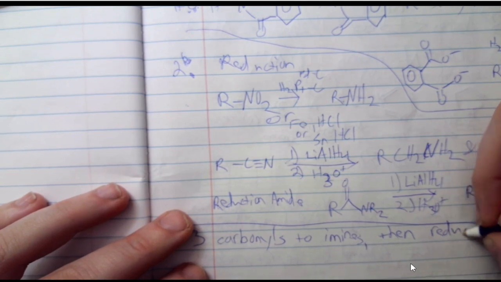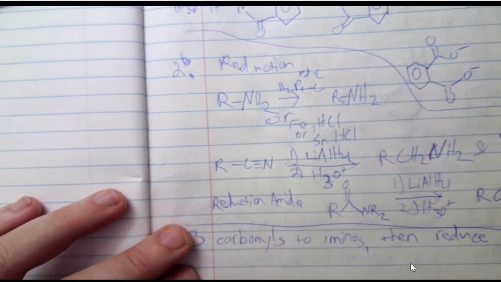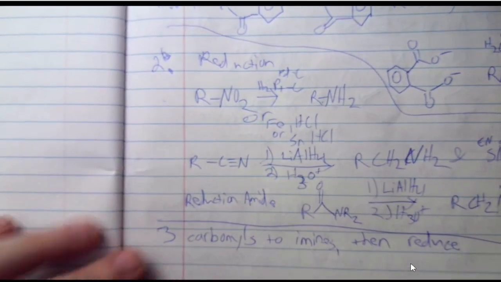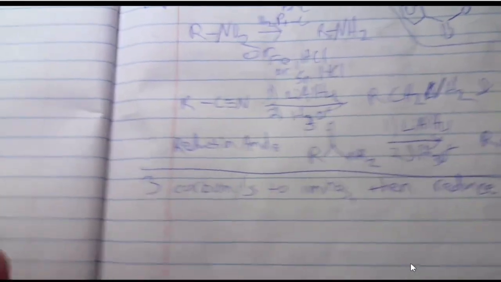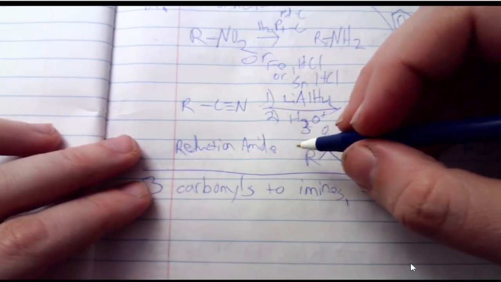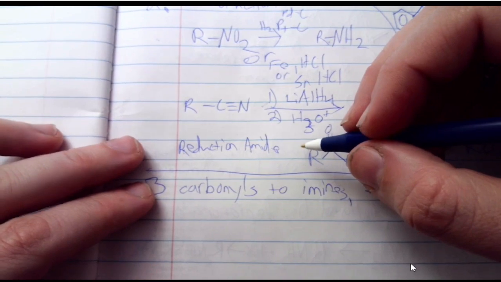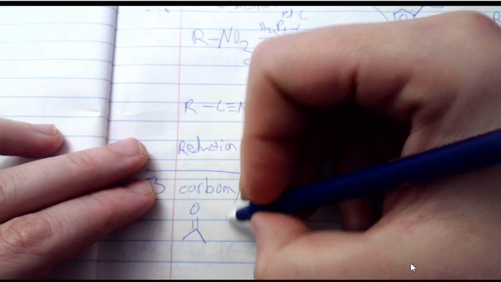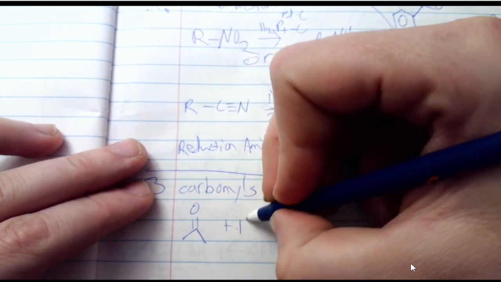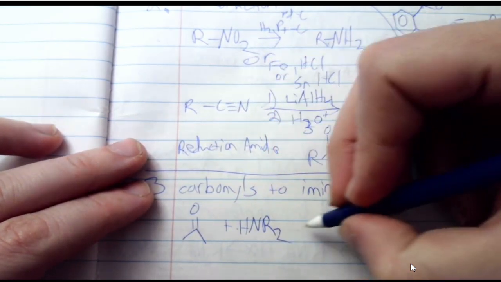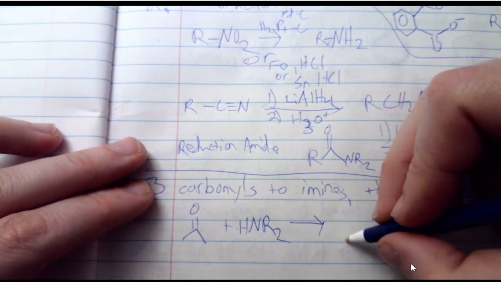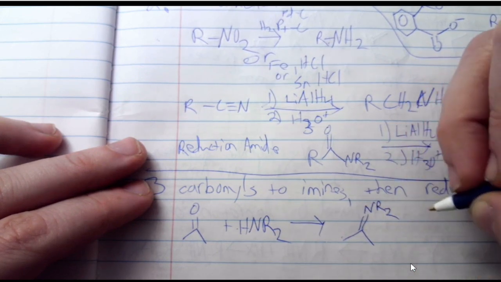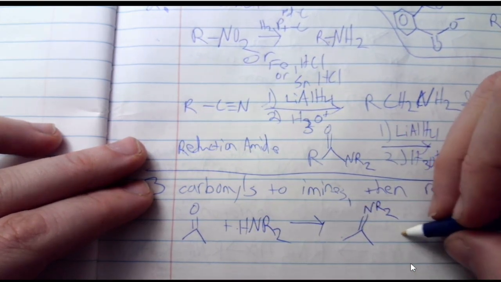So this one requires us to recall some of the reactions we had when we did carbonyl reactions. We talked about, under these conditions, the nitrogen is going to replace the oxygen. So like if I have that and I add in HNR2, the byproduct ended up being NR2. That was our imine.